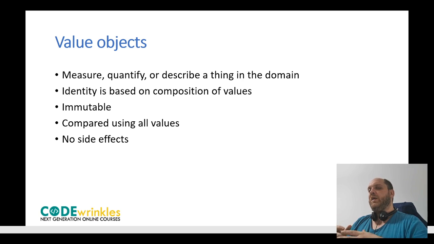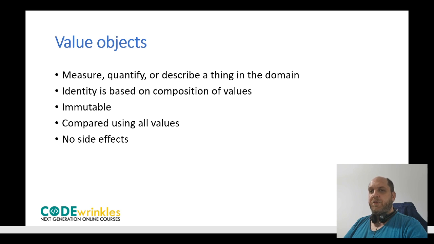And usually, when we try in our application to define things like names, like measurement units, things that you can easily interchange one for the other, then we would create those objects as value objects according to domain-driven design principles.